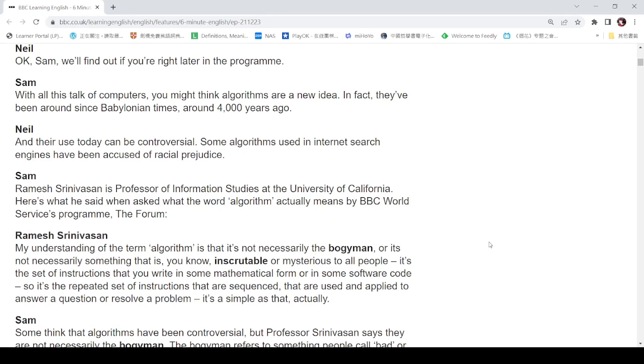It's the set of instructions that you write in some mathematical form or in some software code. So it's the repeated set of instructions that are sequenced, that are used and applied to answer a question or resolve a problem. It's as simple as that actually.